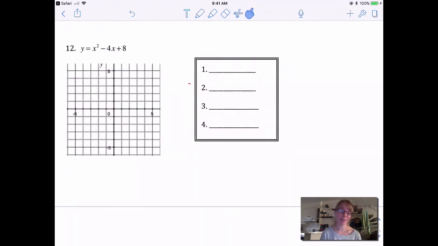Okay, final problem. Again, it's not in vertex form, so I actually have to go and find my vertex. Vertex is the opposite of b over 2a. The opposite of b here is 4 over 2 times a, which is 1. So my x is 2, 4 divided by 2. Plug that in.